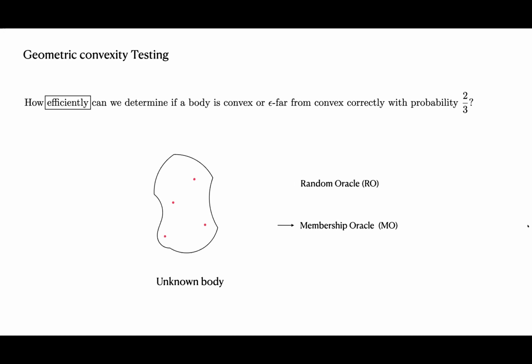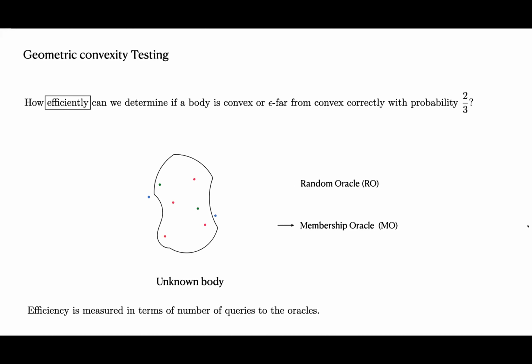The other is a membership oracle: you query it on a particular point, and if the point is inside the body, it tells you it's inside. If it is outside, it tells you it's outside. By efficiently, we mean the number of queries. So we measure efficiency in terms of the number of queries.